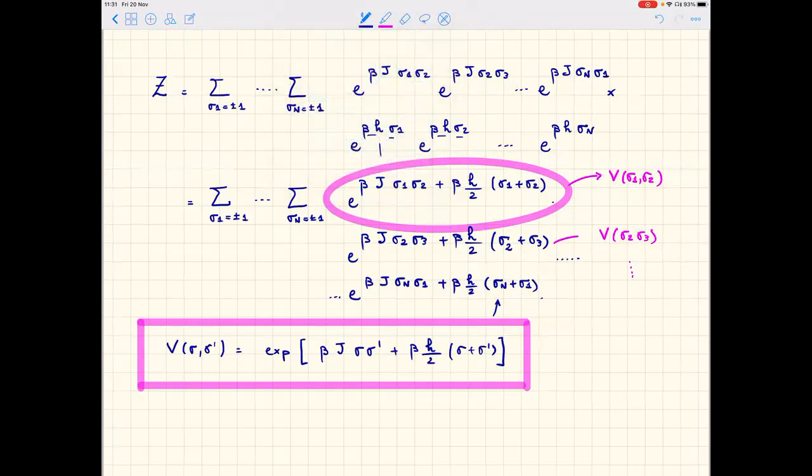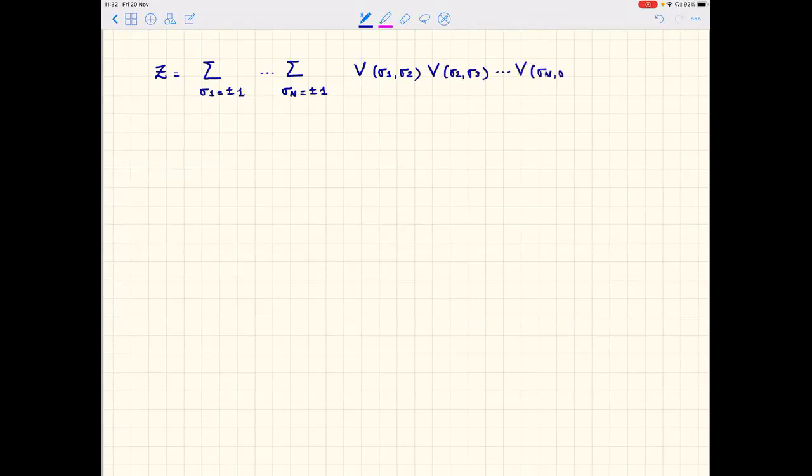Yes. So in practice, I rewrite my partition function Z as the sum over sigma 1 equal to plus and minus 1, up to the sum over sigma n equal to plus and minus 1 of V(sigma 1, sigma 2) V(sigma 2, sigma 3) up to V(sigma n, sigma 1), right?